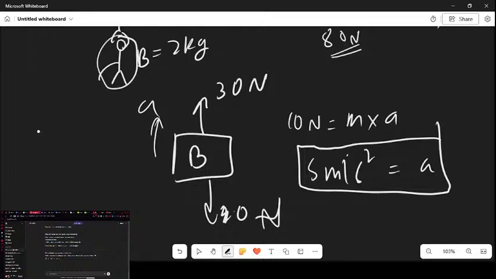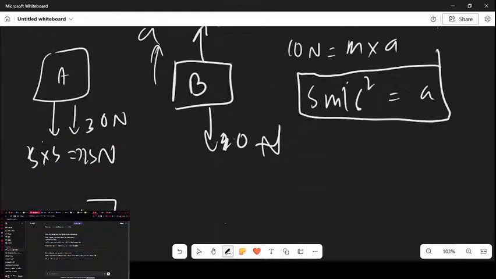Now for block A, due to the pseudo force, it's going to act downward, and you still have 30 Newton, and it's going to act 5 into 5, that is 25 Newton.